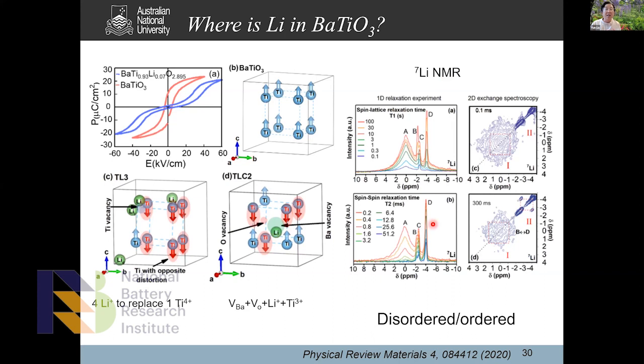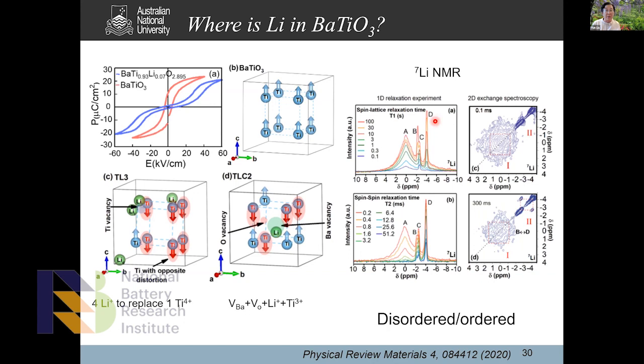We found that about 75% of the lithium is in the amorphous phase. Here it gives a big, very broad peak, and only a very small amount of lithium in the lattice site in the crystal structure gives you different peaks depending on where they are located.